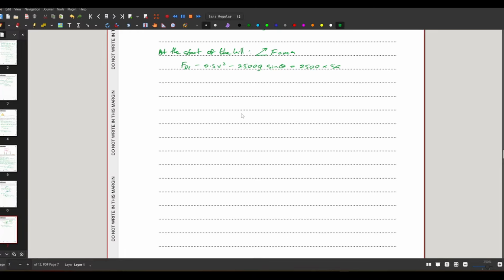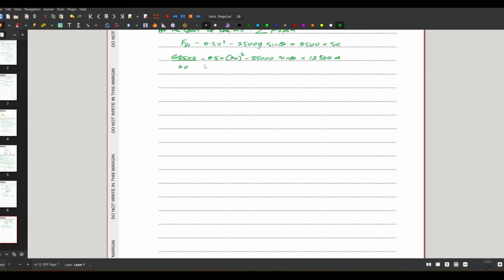So FD is the power divided by velocity, which is 62,500 divided by 20, minus here 0.5 times the velocity 20, so 20 squared, minus here I can write 25,000 because g is 10, sine theta equals here 2500 times 5, which is 12,500.